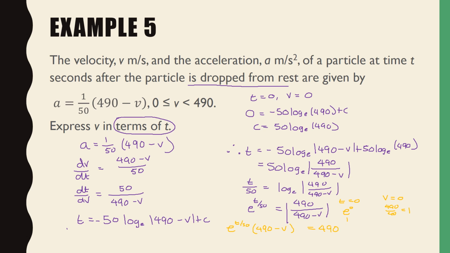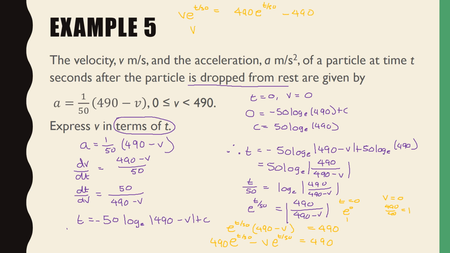I need to solve for v, so let's expand our brackets here. Okay, now we want to solve this. So that means I can rewrite this as v e to the power of t on 50 equals 490 e to the power of t on 50 minus 490.